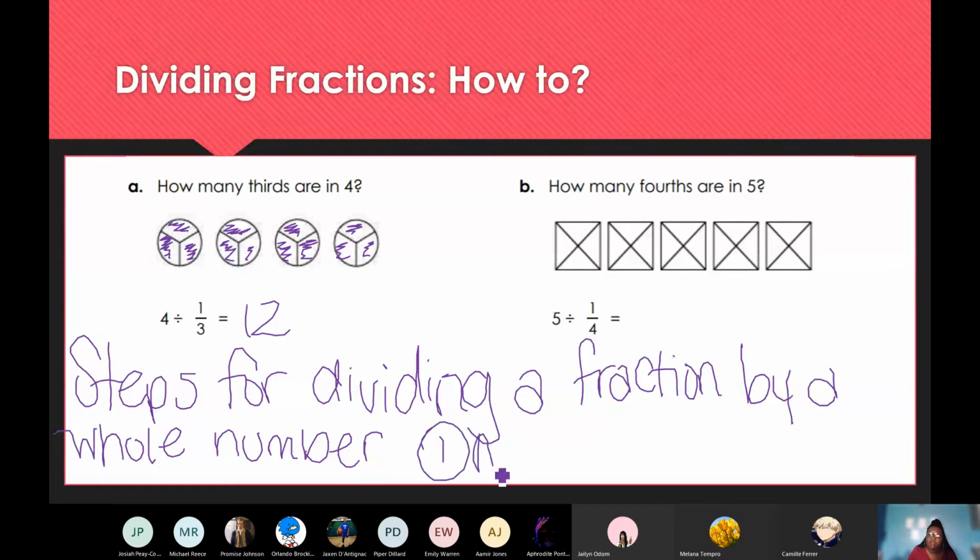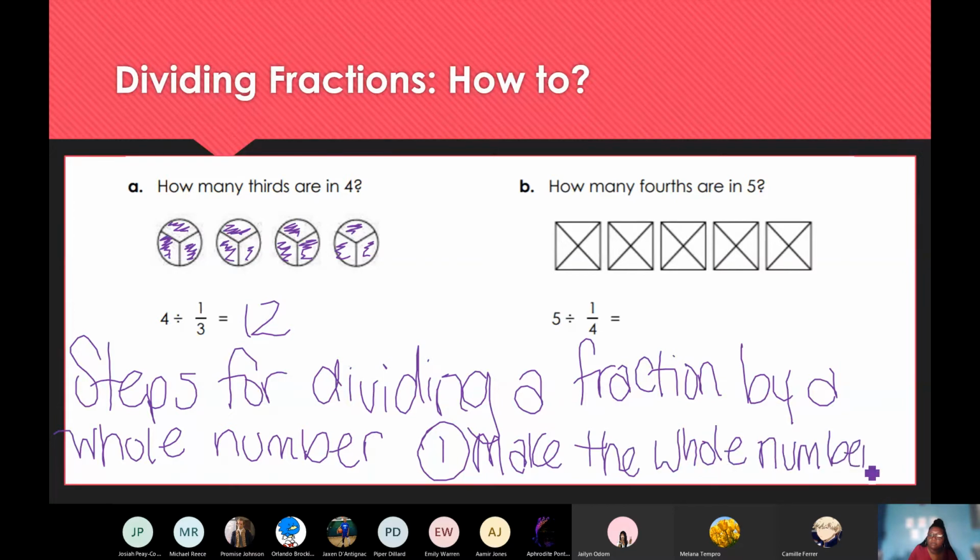We have to make the whole number a fraction. Write it up here. Sorry, y'all. We want to make that whole number a fraction.